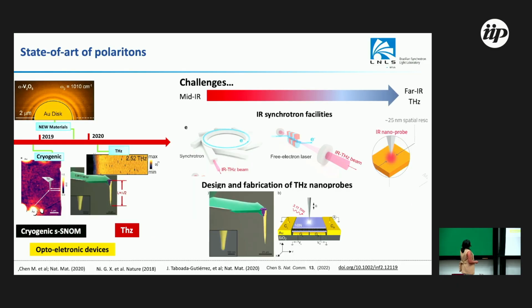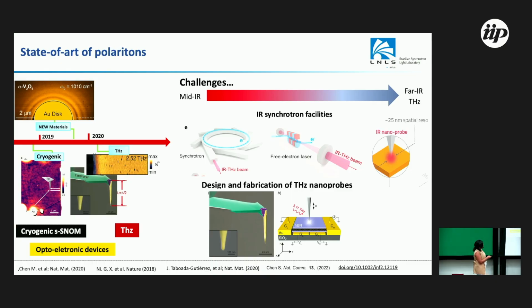Okay, but all those experiments that I showed here were made in the mid-IR and in the visible. But if you are interested in magnons or magnetic materials, we need to extend the frequency range to the far IR and terahertz. Sincerely, I don't believe that we can extend more than that.